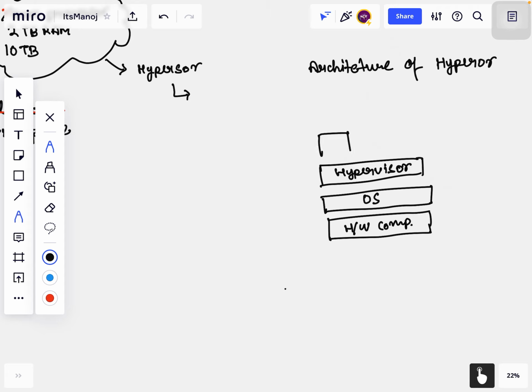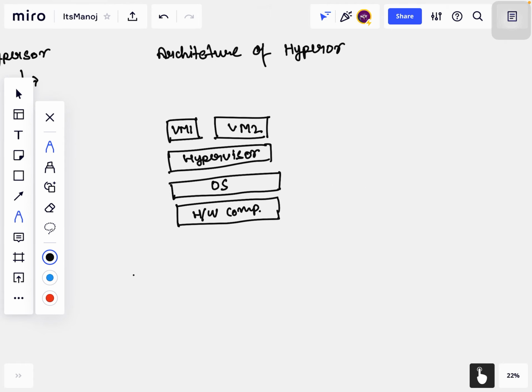Over that we can create our own VMs, our own machines. Let's suppose we created VM1 and another VM, VM2. Let's suppose the configuration of VM1 is 2 CPUs, 8 GB of RAM, which is enough, and 500 GB of ROM.